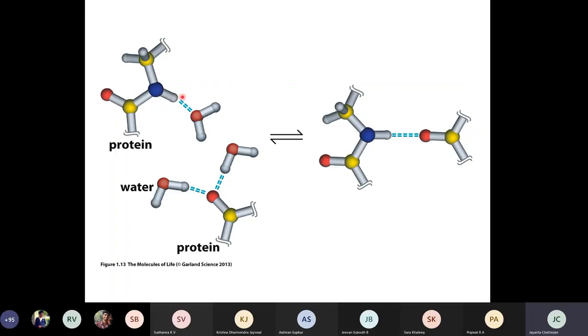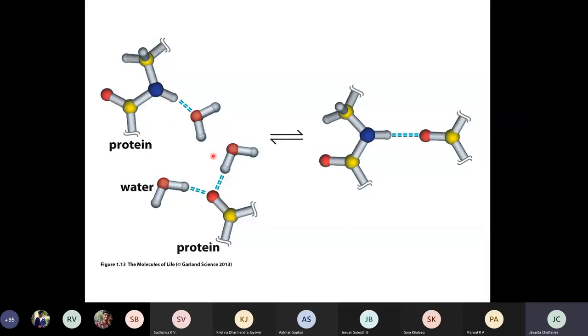So the NH, because of the space available for the hydrogen, forms a single hydrogen bond with the oxygen of a water molecule. And the oxygen, since you have two lone pairs of electrons available, forms hydrogen bonds with two water molecules, right? So in this way, the CO and the NH of a polypeptide backbone are involved in hydrogen bonds with the water molecules.